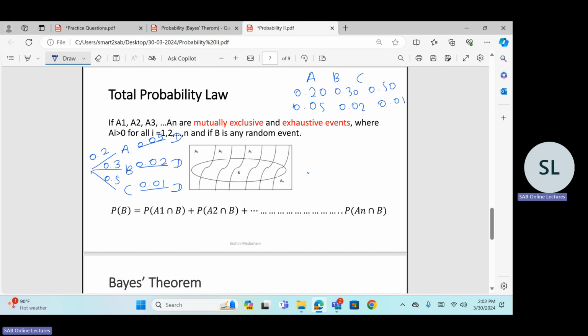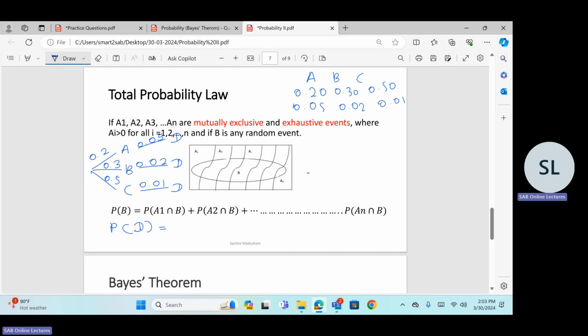What's the common event here? Getting a defective item. We can say probability of D. How do we get the probability of D? How many chances are there? Three, right?